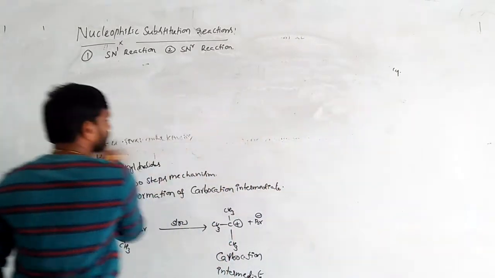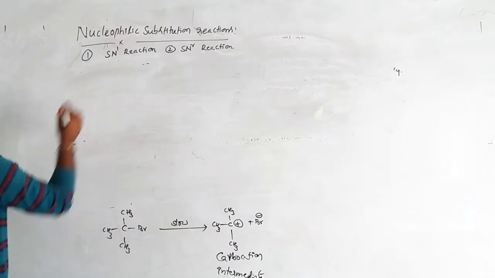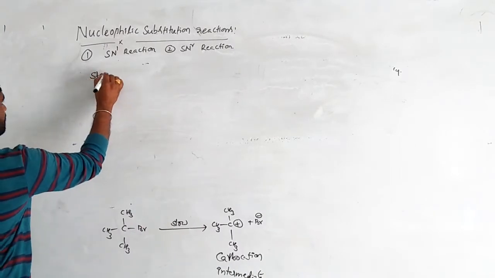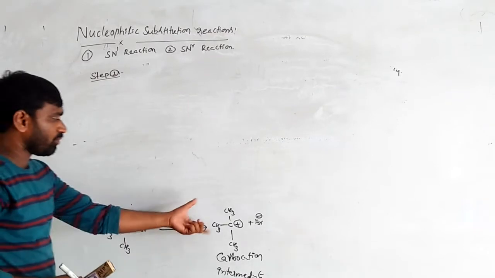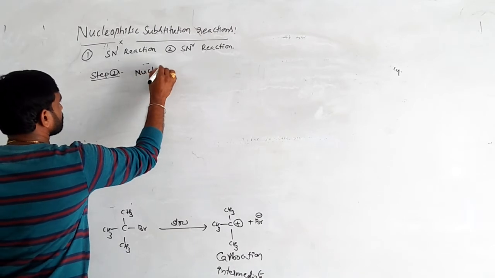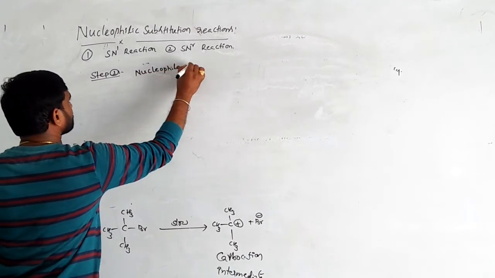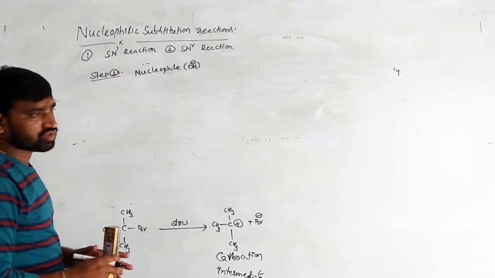Step 2: the nucleophile attaches to the carbocation. Nucleophile means it carries a negative charge; species rich in electrons are known as nucleophiles.